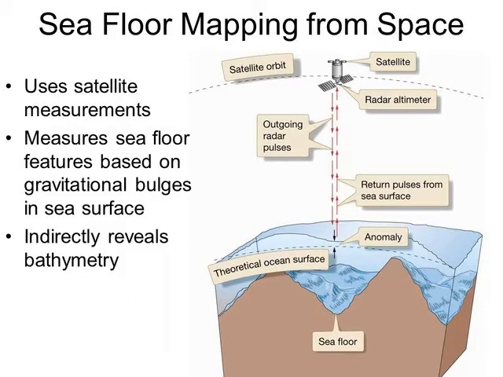And so those differences are what's known as anomalies. So you'll either get a positive anomaly if it's bulging, or you'll get a negative anomaly if it's dipping down or trenching down. So this is a way to indirectly measure ocean depth and ocean topography.